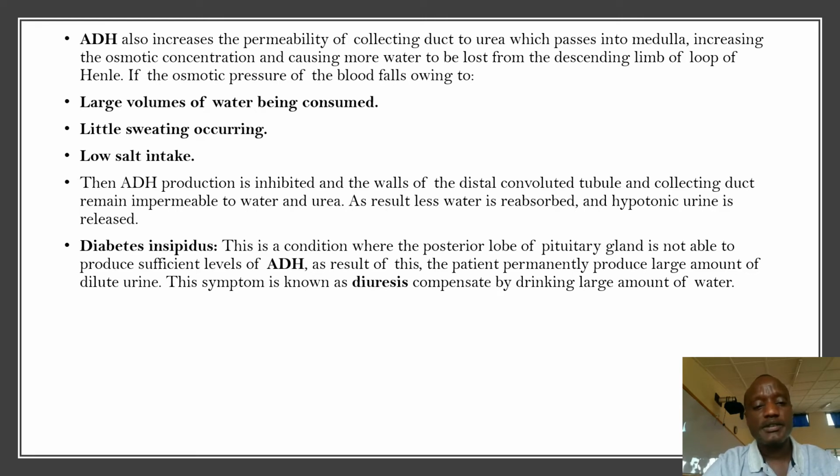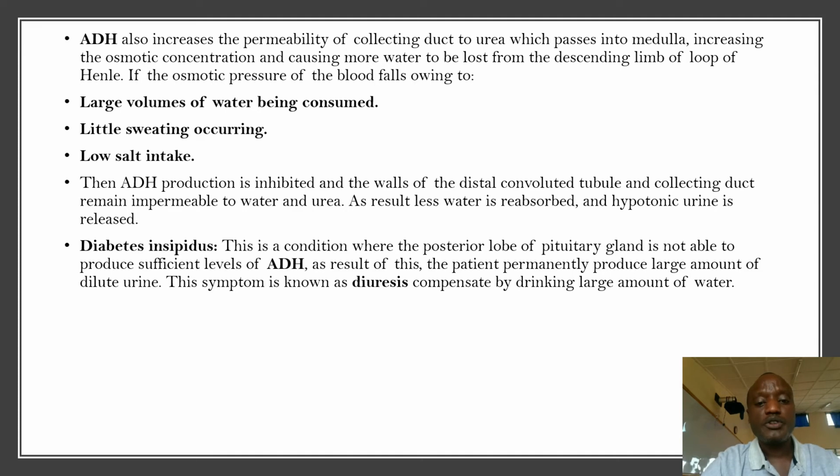Diabetes insipidus is a condition where the posterior lobe of the pituitary gland is not able to produce sufficient levels of ADH. As a result of this, the patient permanently produces a large amount of dilute urine. So this type of diabetes is also serious, because this person is producing a large amount of dilute urine, and this could lead to too much dehydration of the body and the person could die on the spot.